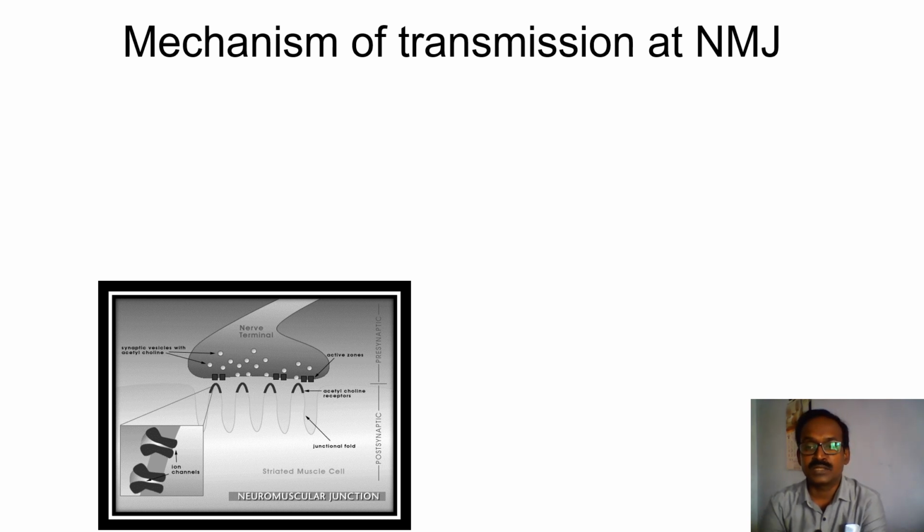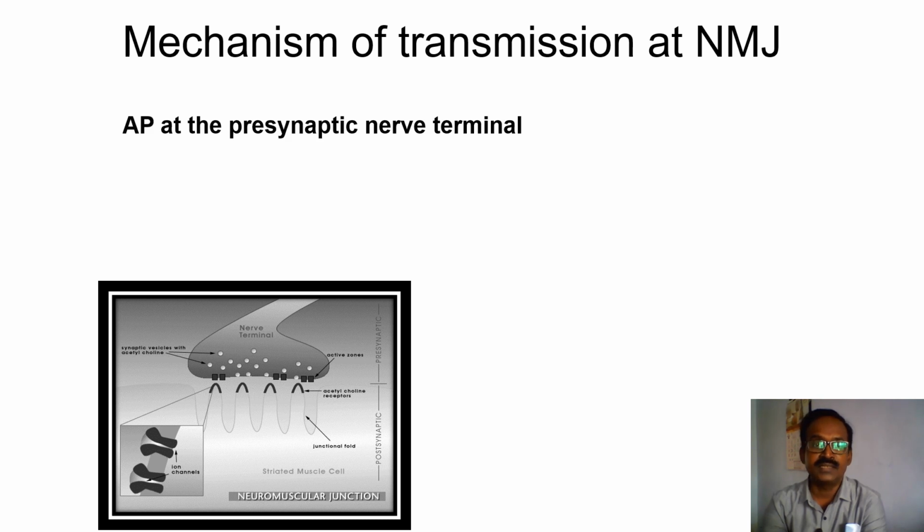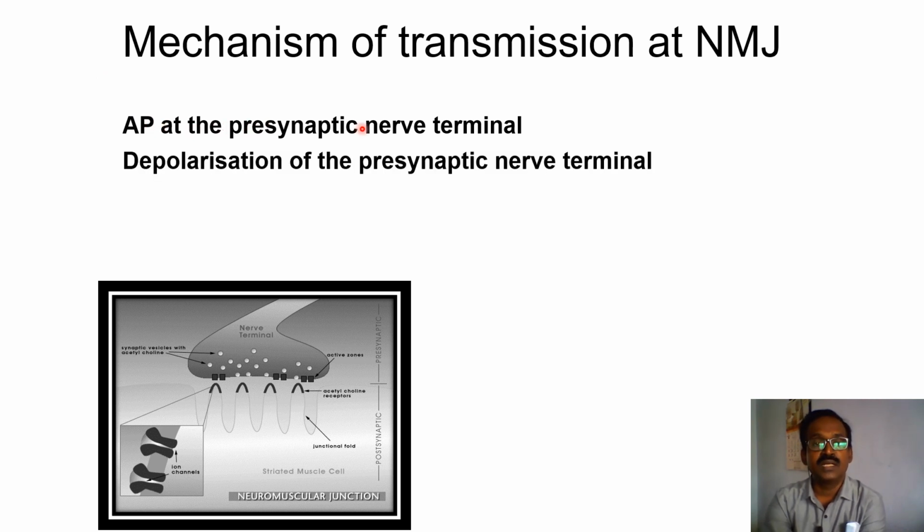When the impulse travels through the axon, it reaches the presynaptic membrane. The action potential reaches the presynaptic nerve terminal and produces depolarization of the presynaptic nerve terminal.